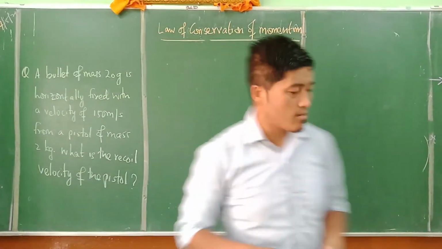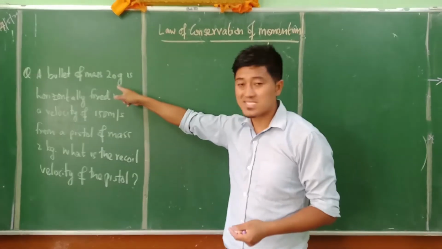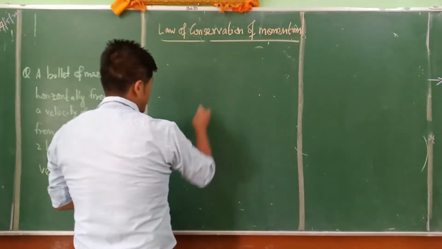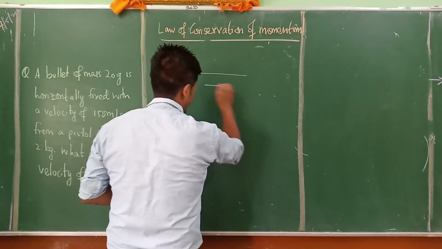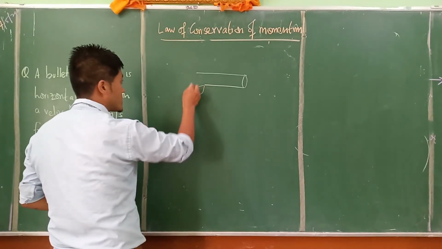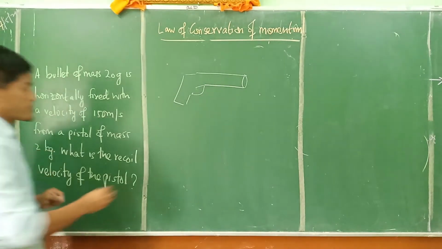First, before solving it, we will try to understand what this question is saying. Let's say there's a gun, a pistol here. They have written pistol here.